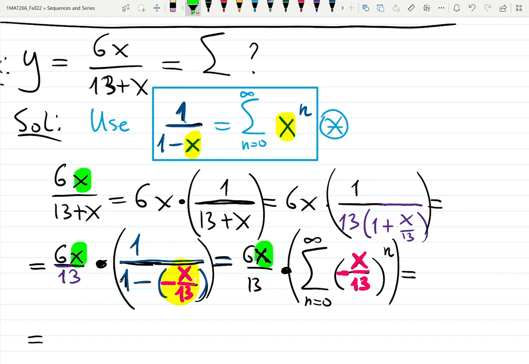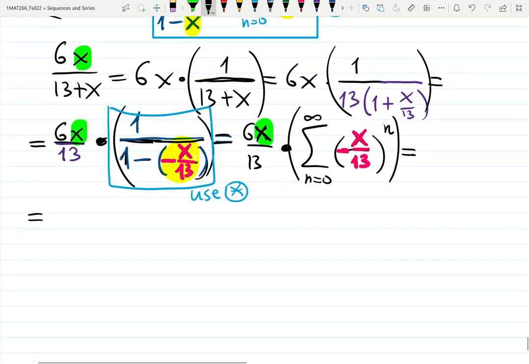Because it's not in the sum. So we're using the blue formula only for this part. Use star. That's what we're doing. The other one is waiting outside. Make sense? Yeah. Thank you. This is a very good question.